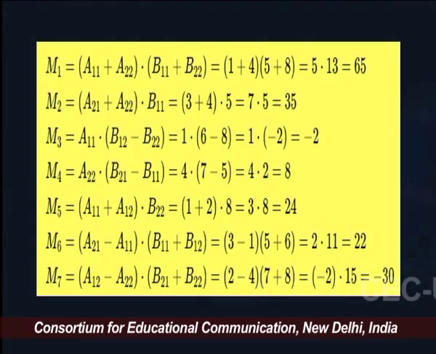M6 is A21 minus A11, the whole thing multiplied by B11 plus B12, which is 3 minus 1 multiplied by 5 plus 6, coming out to 22. And finally, M7, which is A12 minus A22 multiplied by B21 plus B22, and the result is minus 30.